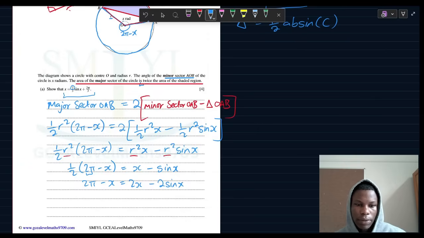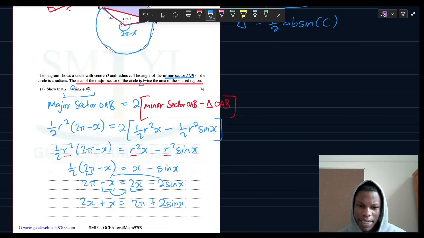And now it is a question of making x the subject of the formula. So we have to put these two together, and then everything else should be on the other side. So I'm going to write this as 2x, which is on the right hand side, and bring this minus x that side, so it becomes plus x. And this is equal to, we've got the 2 pi on that side, and now the minus 2 sine x is coming this side, so plus 2 sine x. Maybe to match them, let's swap the order of these two.